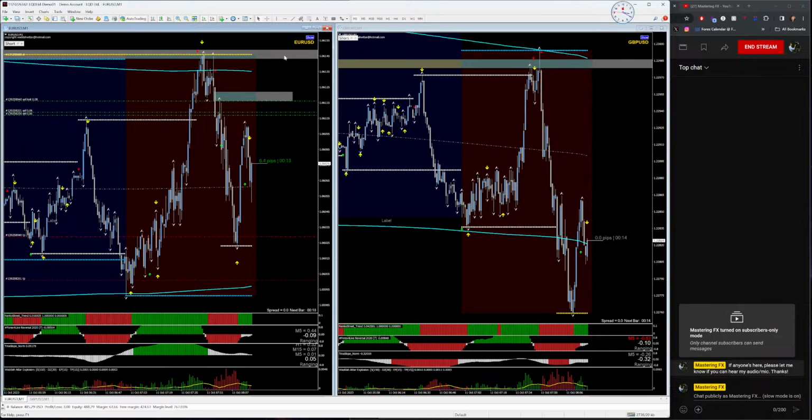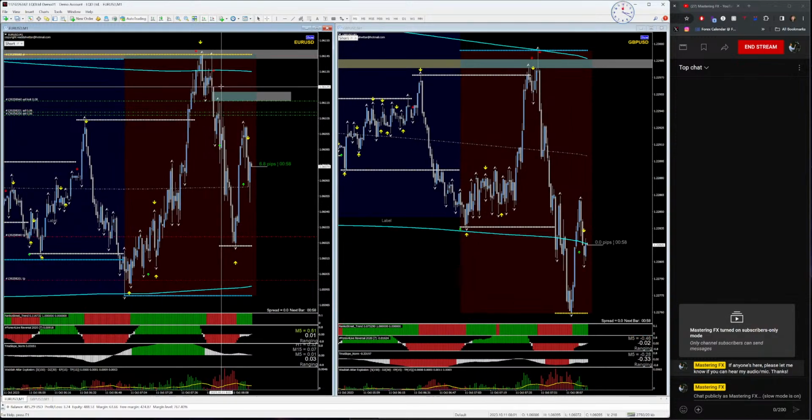And this order has the same stop loss right here above that first candle of the fair value gap. Technically there's another fair value gap. I didn't see that.